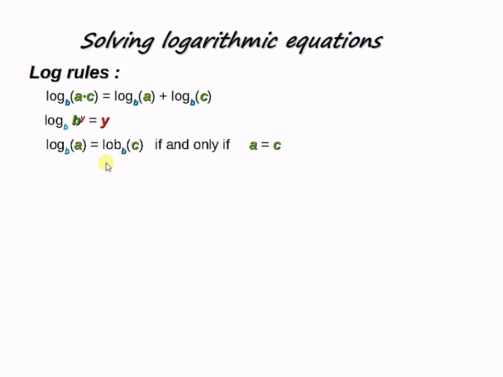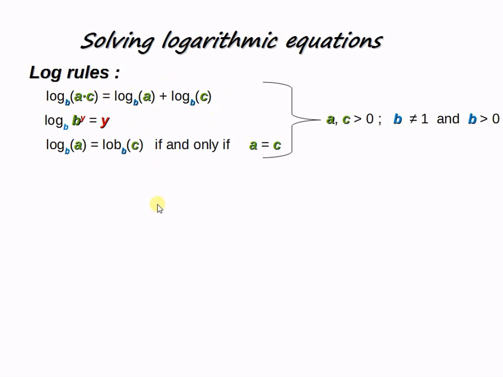And the last rule states if we have two logarithms with the same base, one on either side of the equal sign, with coefficients of 1, then we can drop the logarithms and the equality for the arguments a and c still holds. Of course, there are some conditions put on a, b, and c. They all have to be positive real numbers, and additionally b has to be different from 1 as it is the base of the logarithms.